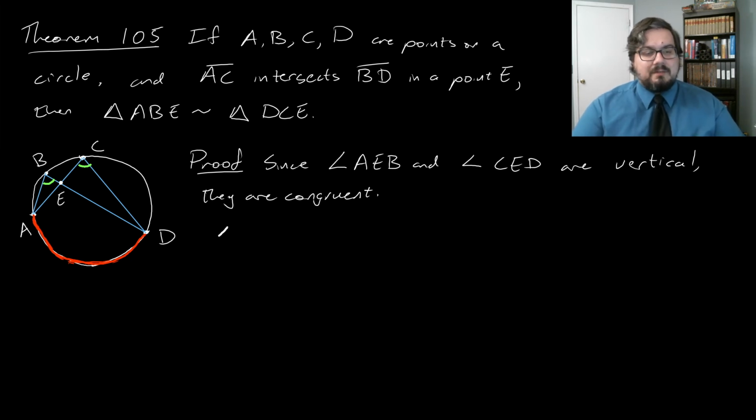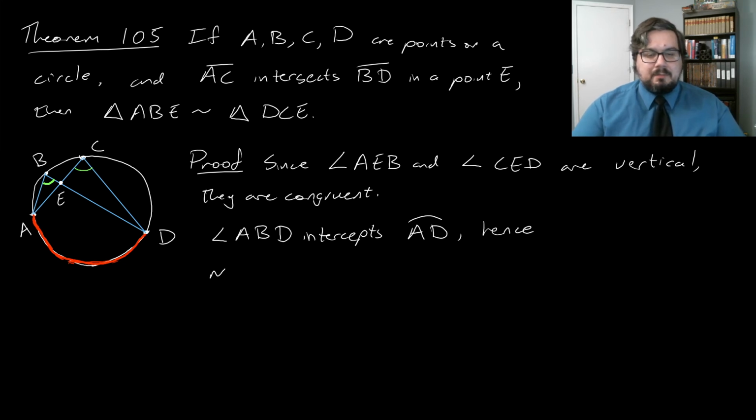So we have that angle ABD intercepts arc AD, and hence the measure of arc AD equals 2 times the measure of angle ABD.